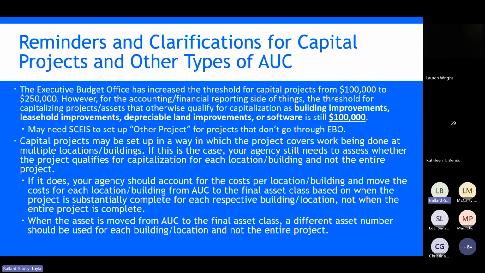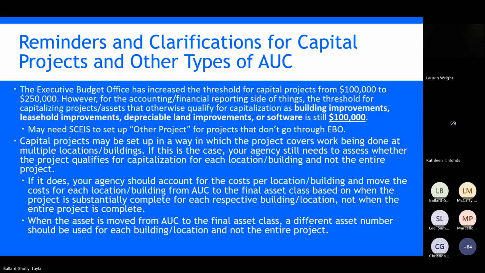From an accounting standpoint, you still have to determine what your individual assets are and track those costs per asset. You would account for the cost per location building. You'd move the cost for each location building from AUC to the final asset class based on when it is supposed to be capitalized for that respective building.